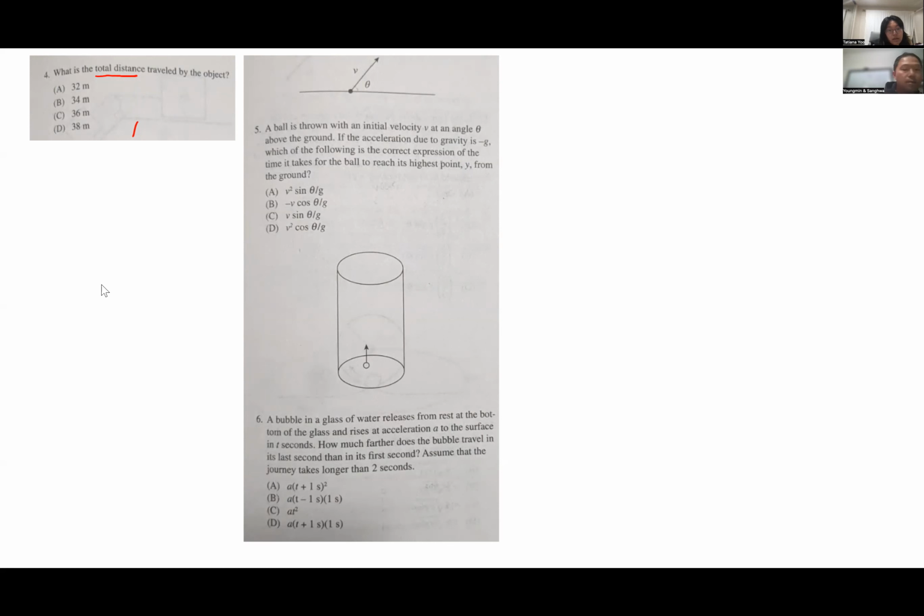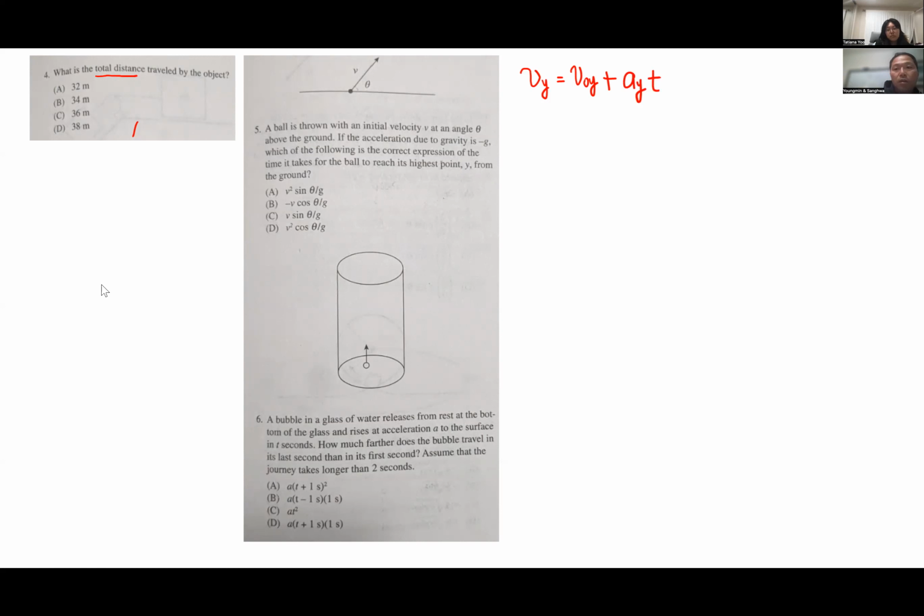Okay, yes. So this one, in the vertical direction, velocity Vy is, as I already told you, initial velocity plus acceleration times t.